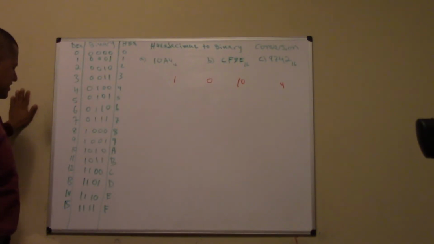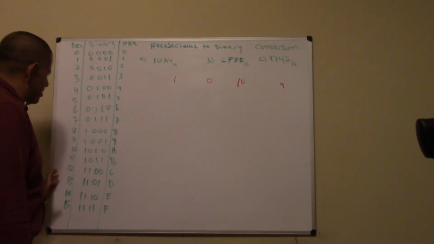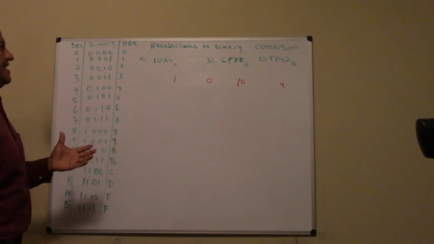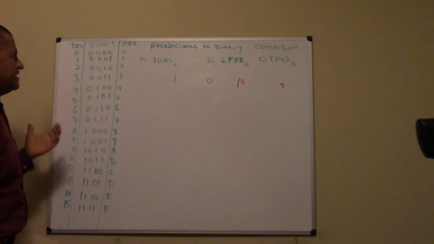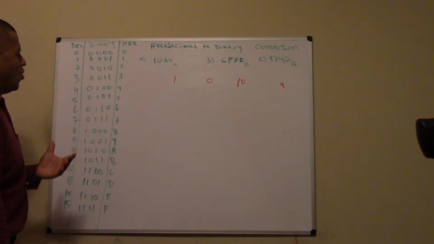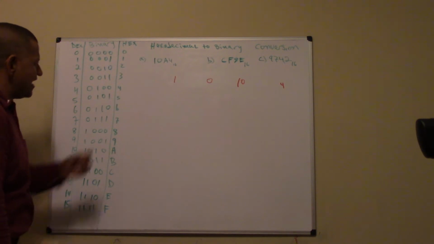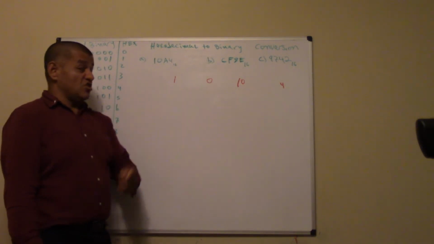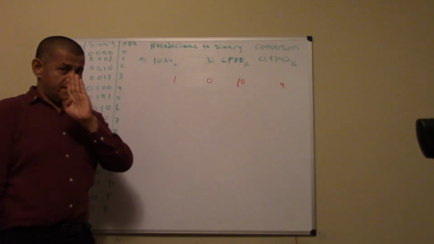Remember that we are using this technique just to represent the numbers. But in hexadecimal, and let me make this clear again, in hexadecimal, when we say a number like this one, we're talking about 4 bits. 4 bits.